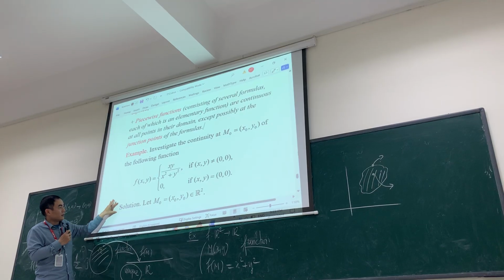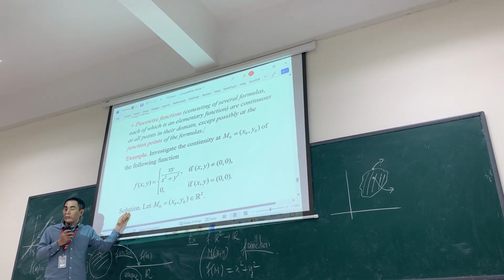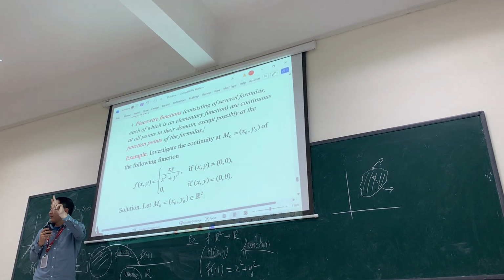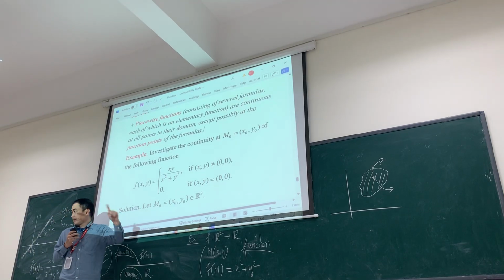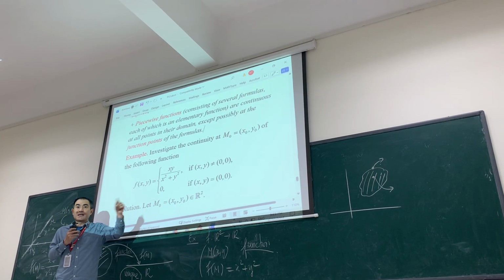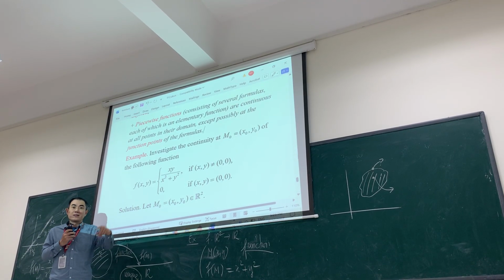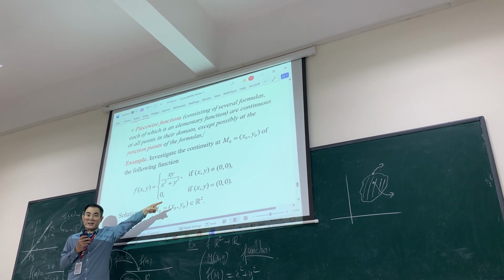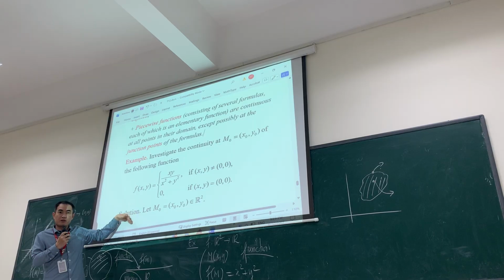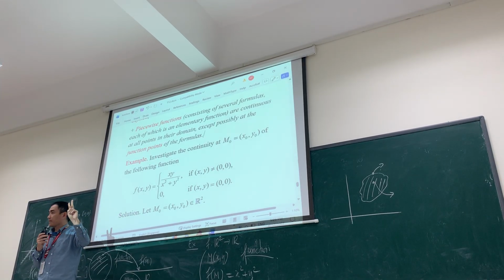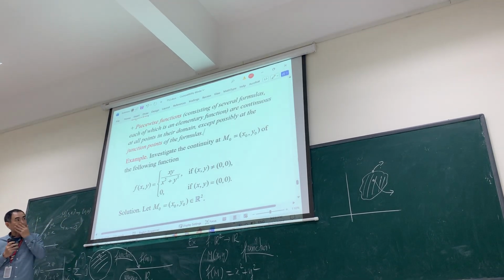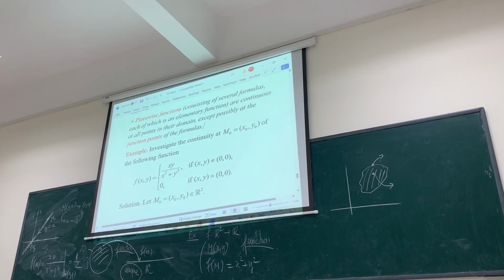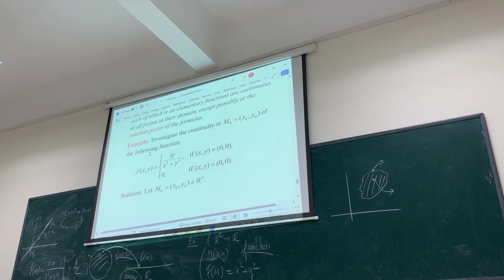So for the solution here, we divide into two cases. Case one, M0 is not the junction point. Case two, M0 is the junction point. Now let's see the solution.